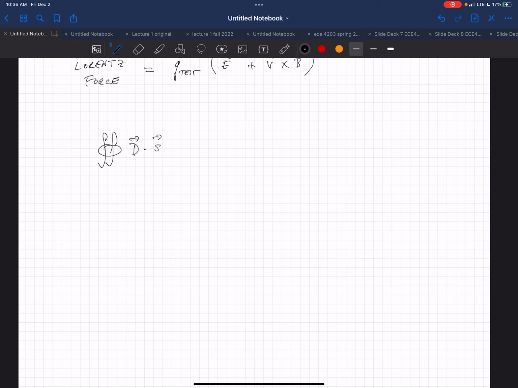So if I have a volume and I'm shrinking it around this charge, this is going to give me the enclosed charge. And earlier I was saying that the integral of H dot dl gives me the enclosed current. So this is a line integral, this is a surface integral.